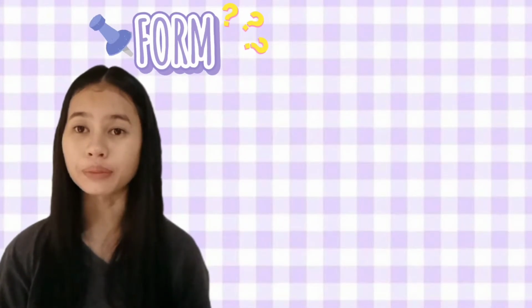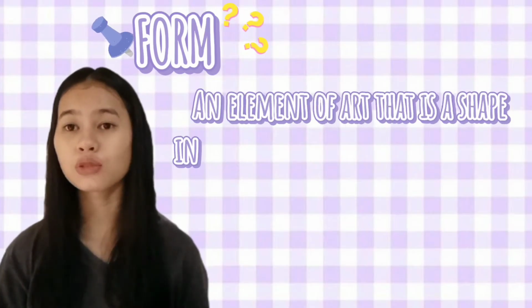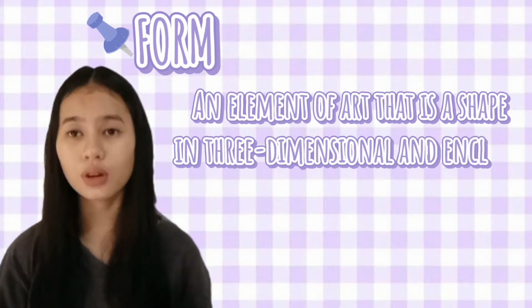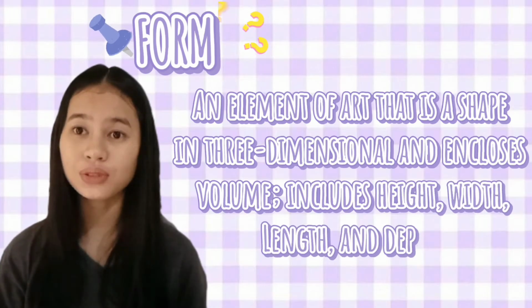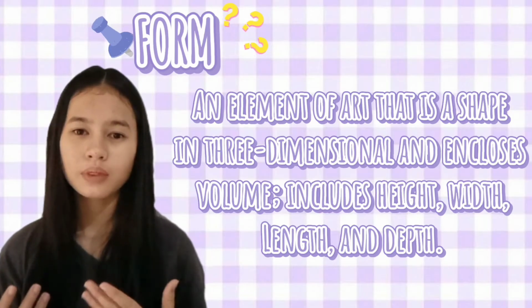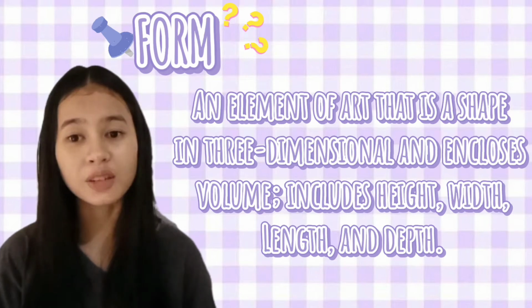So, we come now to the form. Form is an element of visual art that is a shape in three-dimensional and encloses volume. Includes height, width, length, and also the depth. So, form is the physical volume of a shape and the space that it occupies.